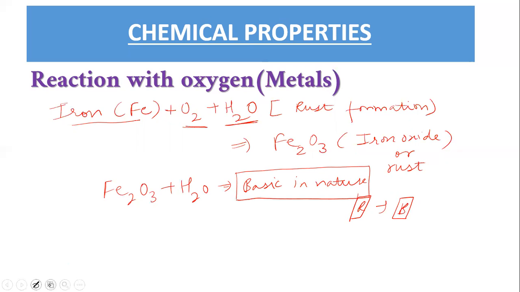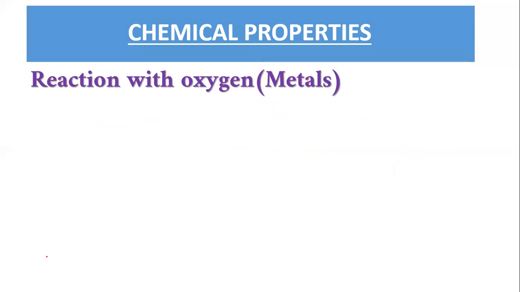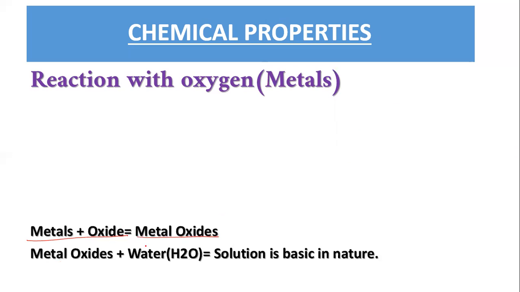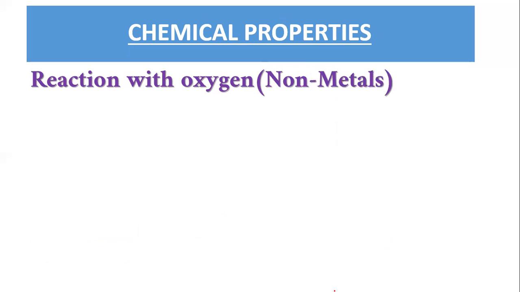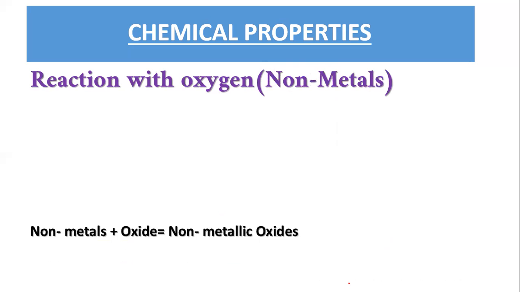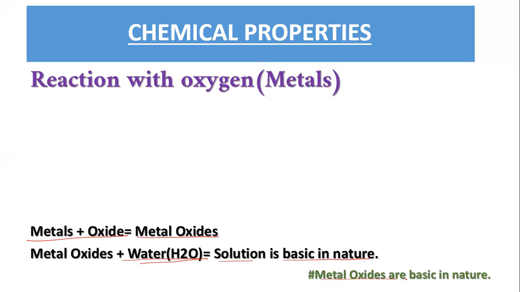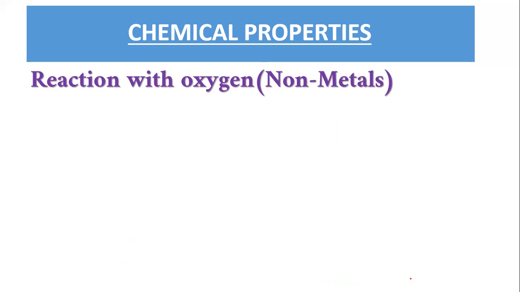So what we conclude here is that when metals react with oxygen, metal oxides are formed, and when we find their nature by making them react with water, the solution formed is basic in nature. Sorry, our conclusion is that metal oxides are basic in nature. I hope it's clear.